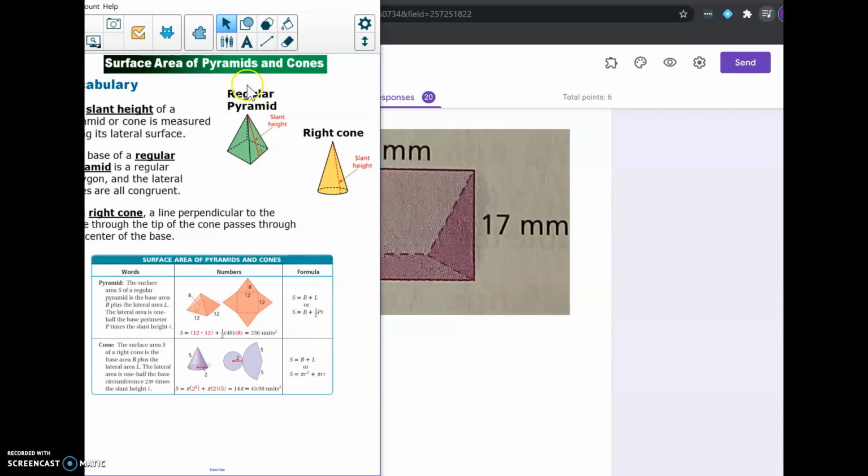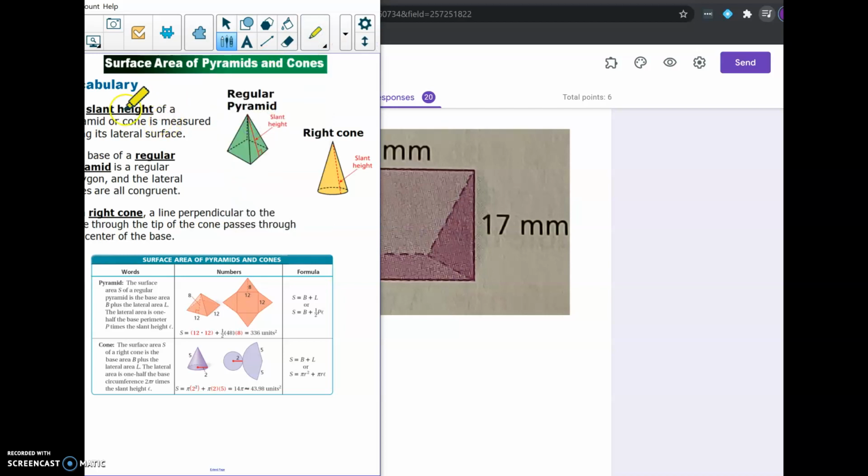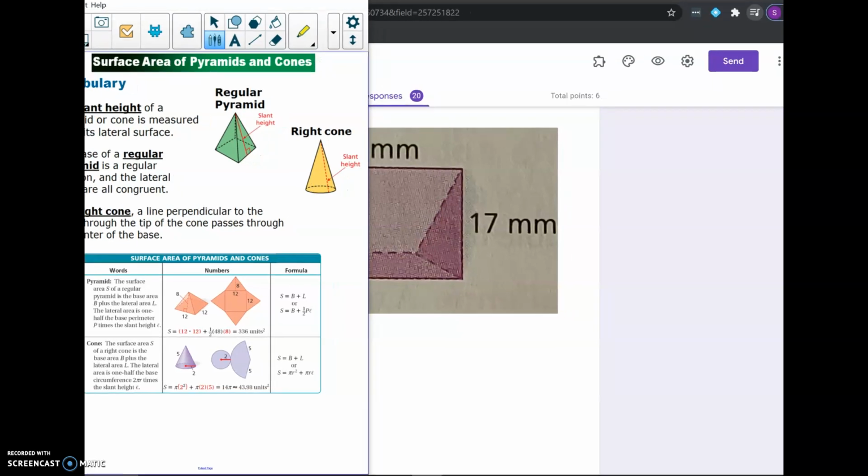So for a pyramid, there is this cursive L, and that is the slant height.